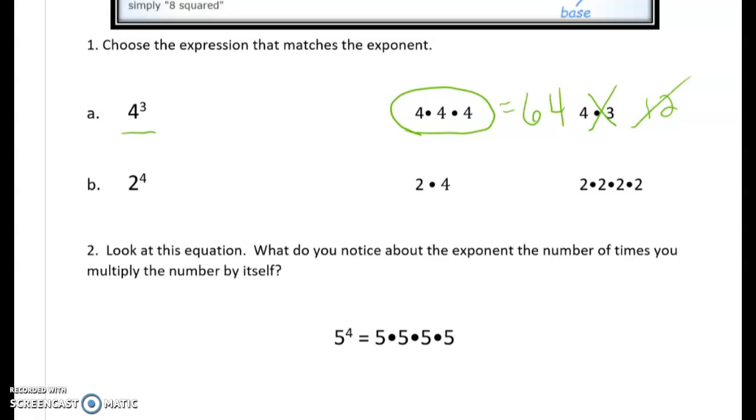Well, it'd be 2 multiplied by itself 4 times. 2 times 2 times 2 times 2, which equals 16 and not 8. You do not multiply the base times the exponent.